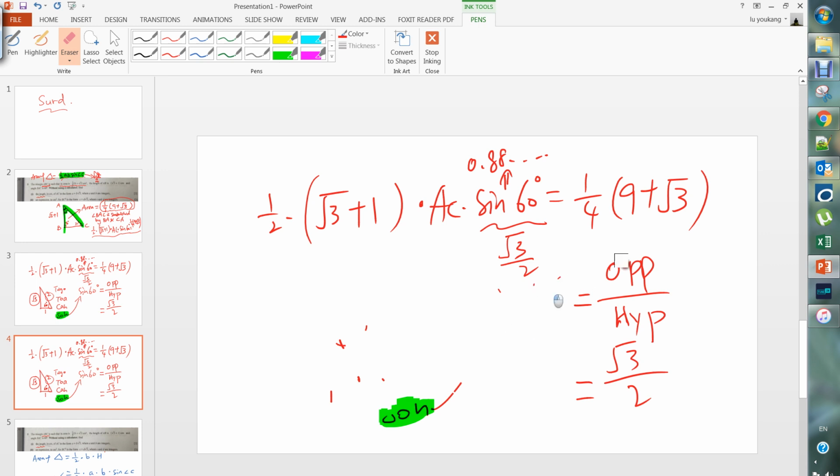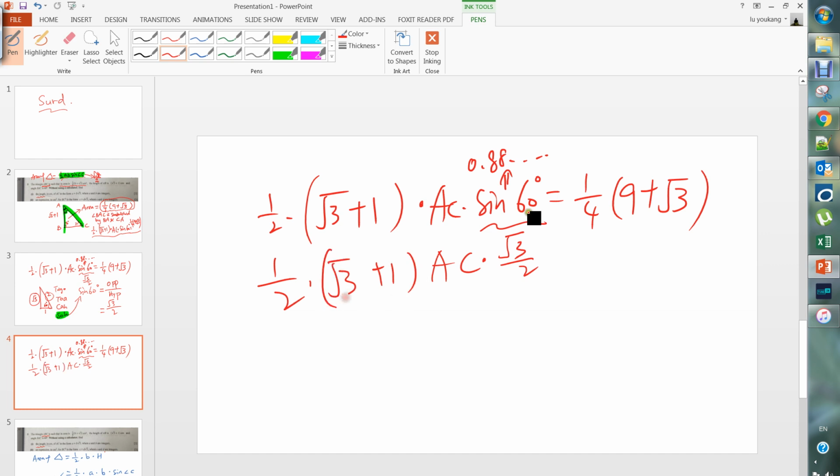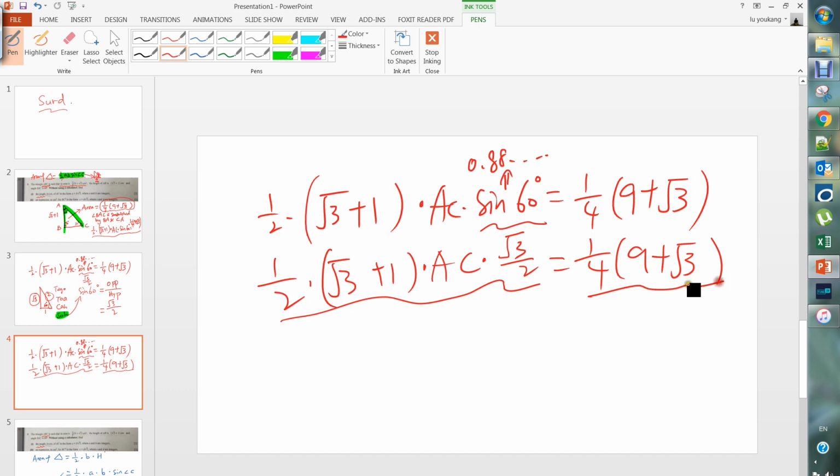Let me continue. Let me erase this before I continue. Okay, good. So this is my AC, which I need to find, and let me not simplify it first. Times 1/4 of 9 plus square root 3. Now you have your left hand side and your right hand side, right?